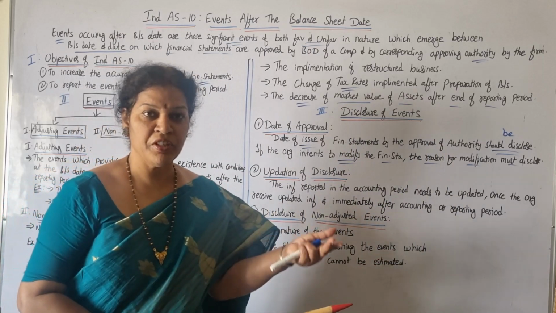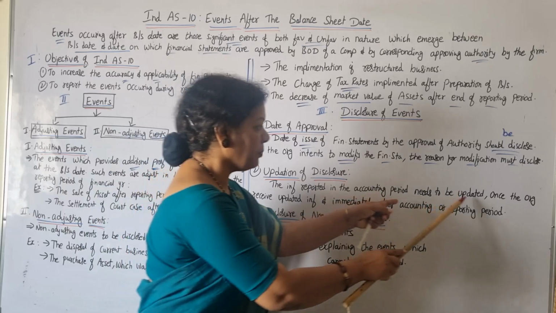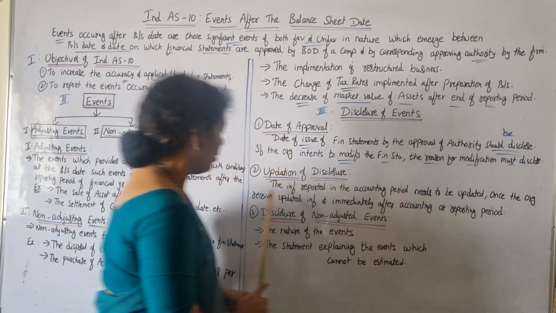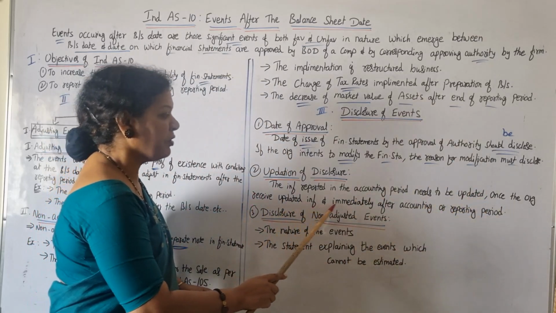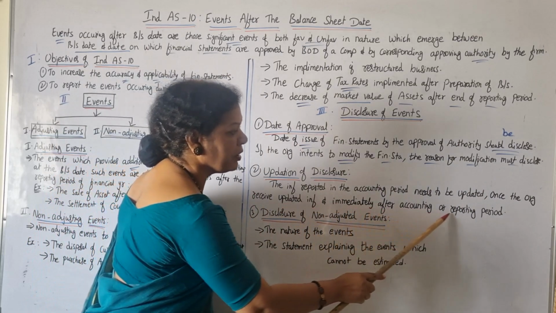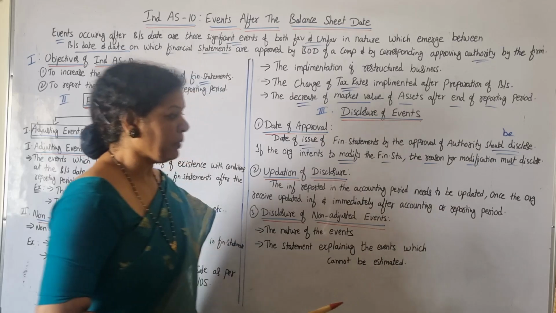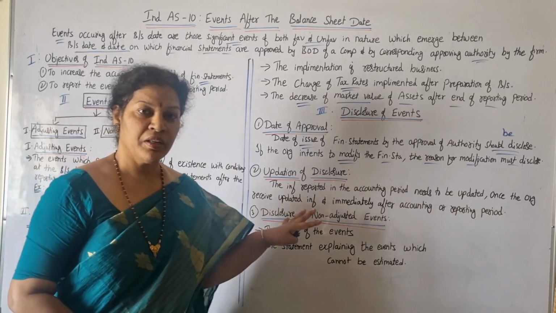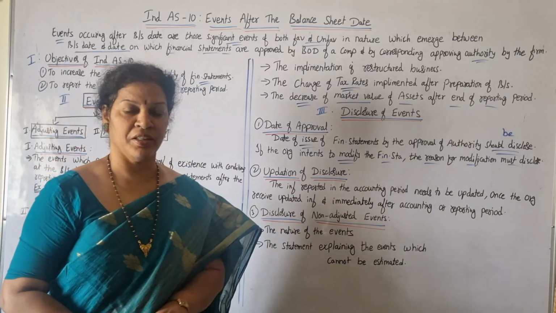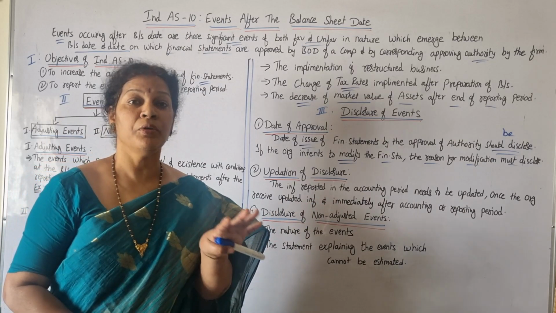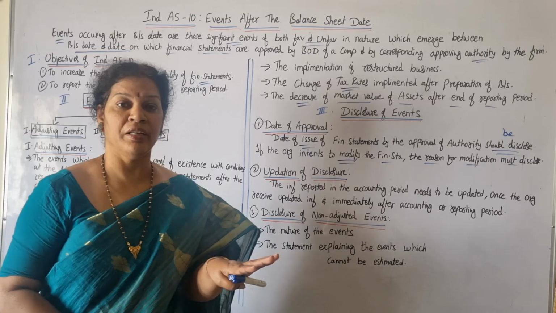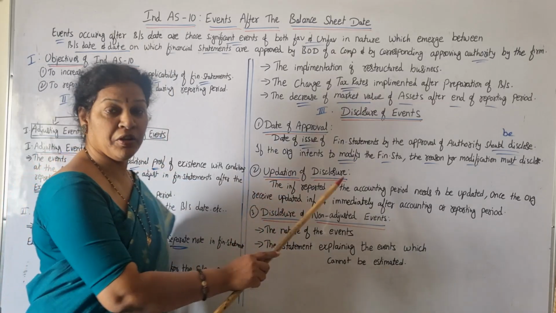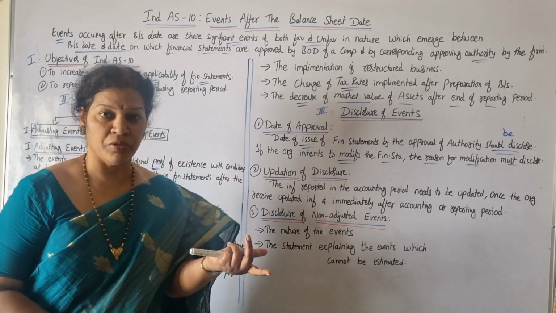Whatever information is needed, that is to be updated once the organization receives updated information immediately after the accounting or reporting period. If the organization comes to know that there is something, then that updation you have to make immediately. That is what we are talking about, updation of disclosure.